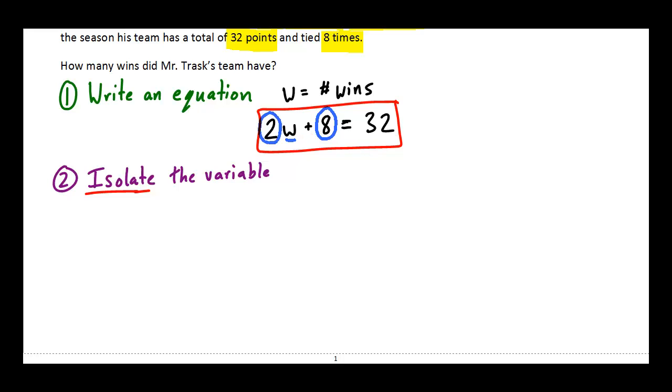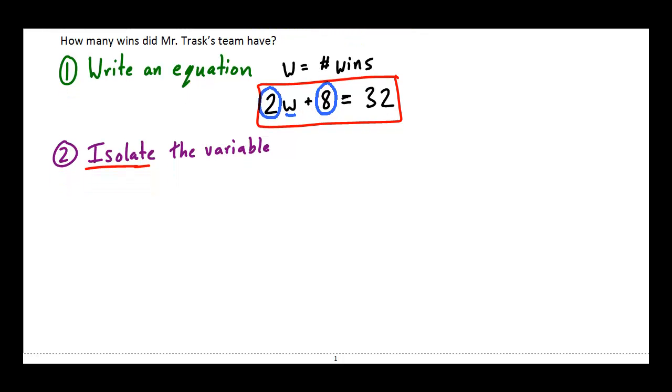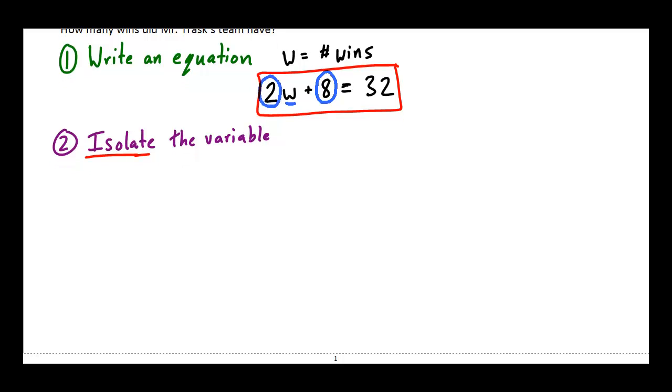Now, the way we're going to do that is a step-by-step process, and in order to figure out which steps we're going to do, we're going to use a little mnemonic device that I like to call SAMDEB. Now, if you're thinking that you recognize SAMDEB, you're probably right, because it's the exact opposite of BEDMAS.